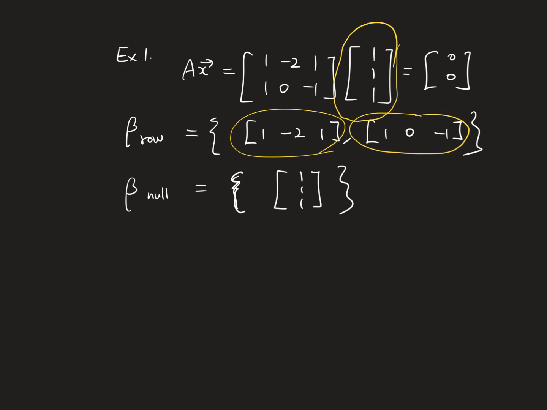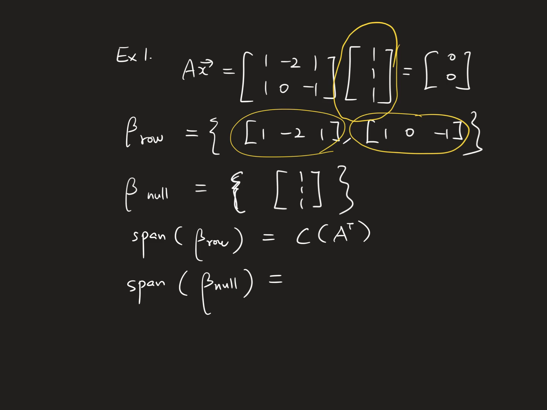And so we know the basis and the span of beta row is the row space, and the span of beta null, where beta null is a null space basis, is the null space N(A).